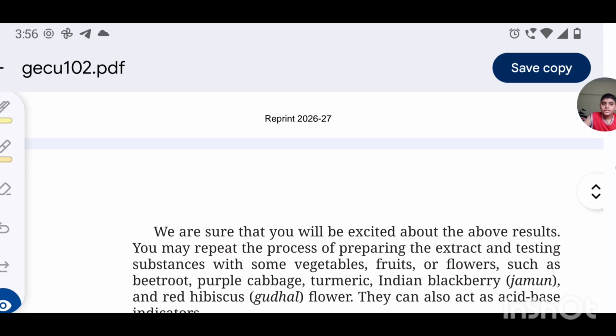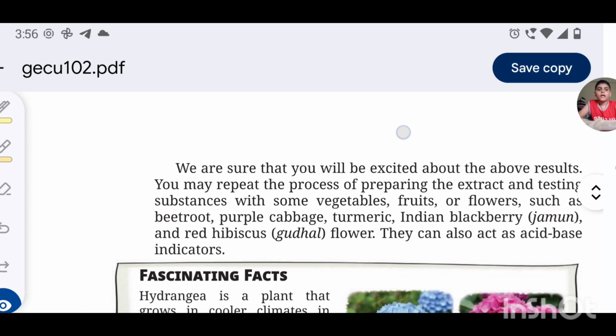You may repeat the process of preparing the extract and testing substances with some vegetables, fruits, and flowers such as beetroot, purple cabbage, turmeric, Indian berry, jamun, and red hibiscus, gudhal flower. They can also act as an acid base indicator.